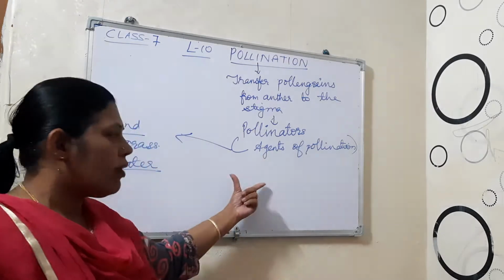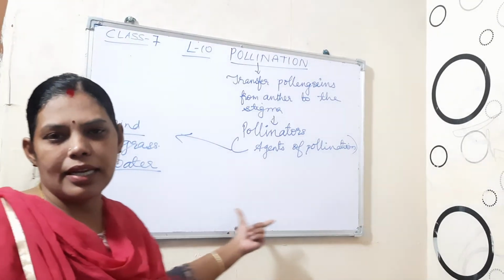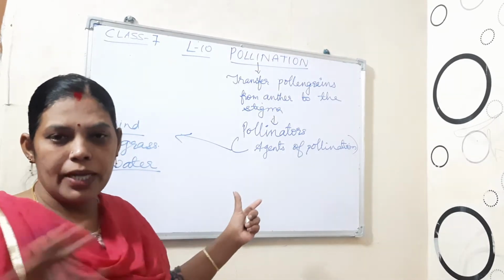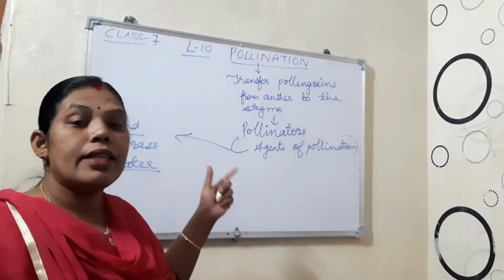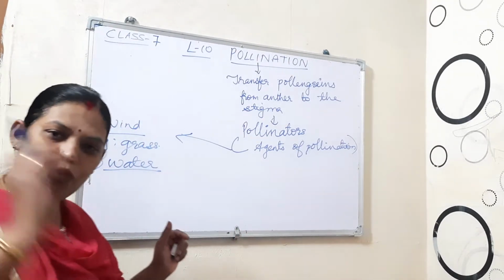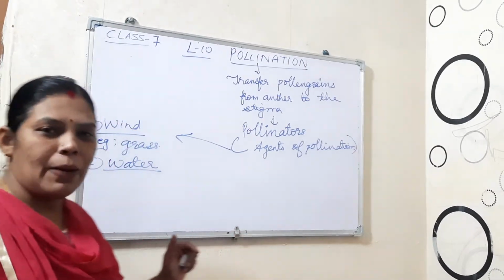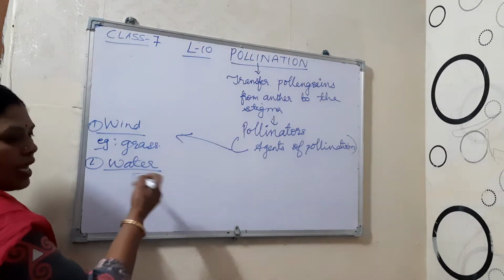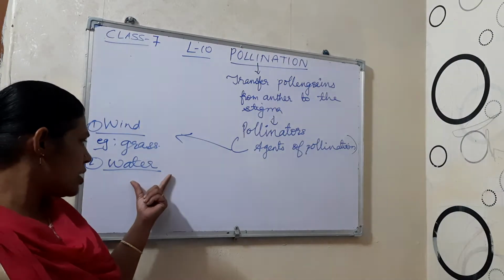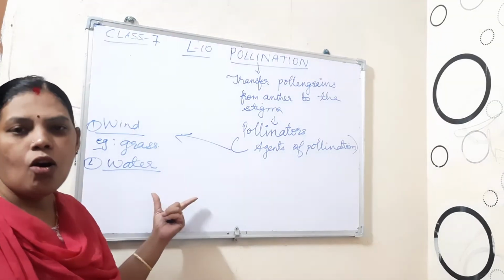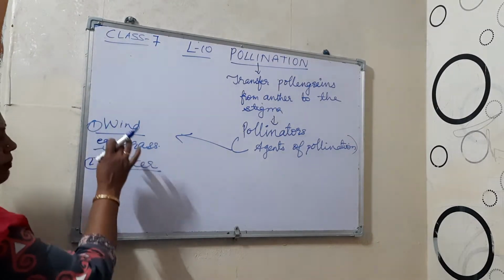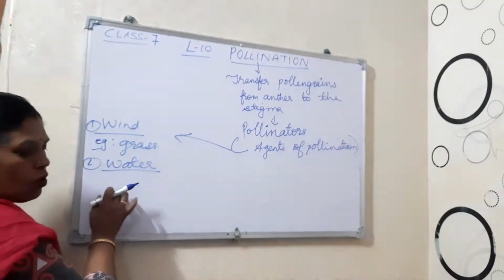So there, when the water moves, the current carries the pollen grains from one plant to another plant. Then it reaches and pollination takes place. Mostly you can see in aquatic plants that pollination occurs through water.